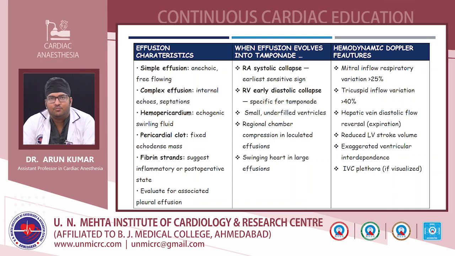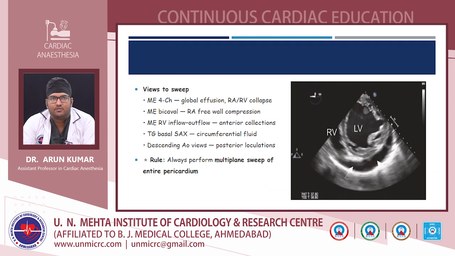On hemodynamic Doppler, features would be mitral inflow respiratory variation greater than 25%, tricuspid inflow variation greater than 40%, hepatic vein diastolic flow reversal seen in expiration, reduced LV stroke volume, exaggerated ventricular interdependence, and IVC plethora. We should remember that in pediatrics, a small loculated collection can cause severe regional tamponade.